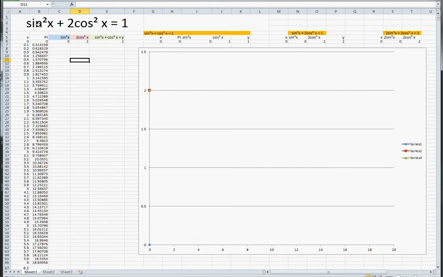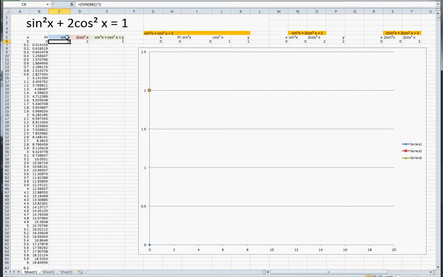So I'm looking at sin x squared, and it's kind of a weird way to write it, plus 2 times cosine x squared equals 1. I have the first point laid out here where x is equal to 0.